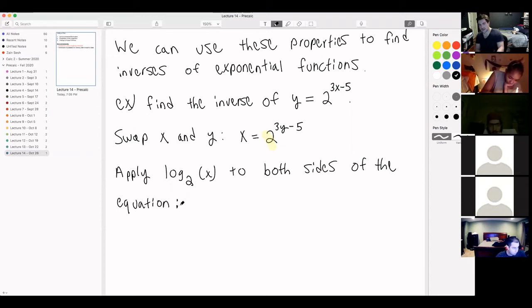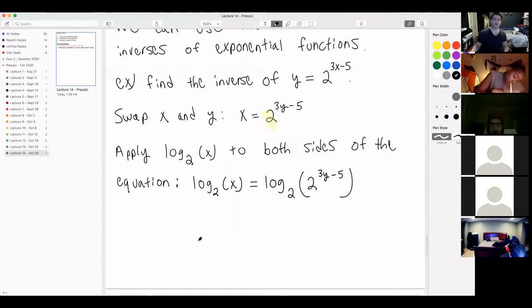What does that look like? If I apply log base 2 to the left side, I will just get log base 2 of x. Now apply log base 2 to the right side. I get log base 2 of 2 raised to the 3y minus 5 power.